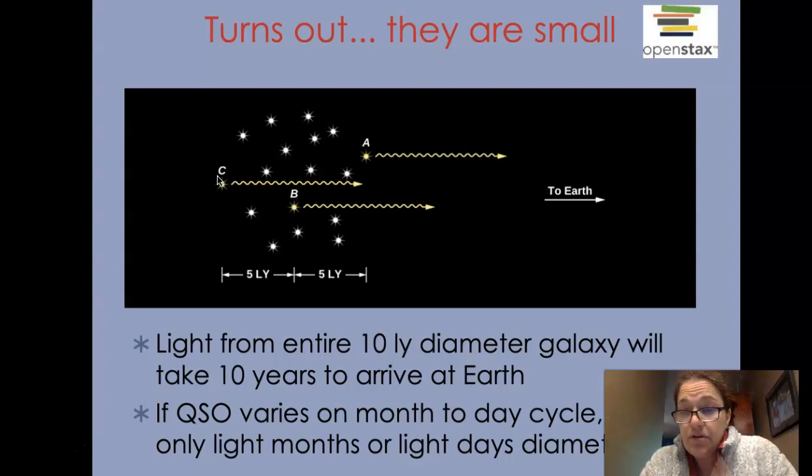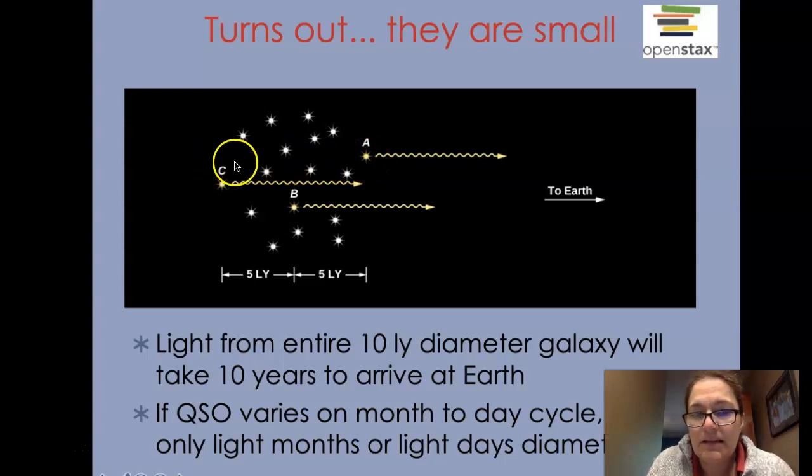So if those QSOs get bright and dim on a cycle of months or days, that means that the entire thing is only a couple of light months across, or sometimes even light days across.